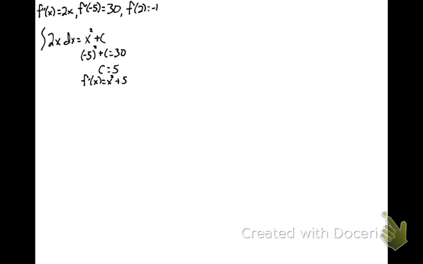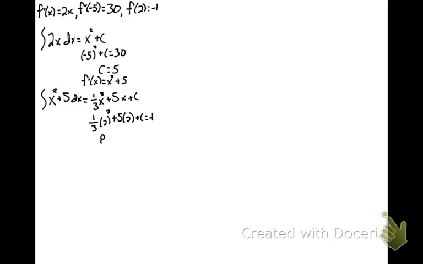If I integrate the derivative, the integral of x squared plus 5 dx, I should get something related to the original function. This would be 1/3 x cubed plus 5x plus c. But I know that when the input is 2, the original function should be equal to negative 1.